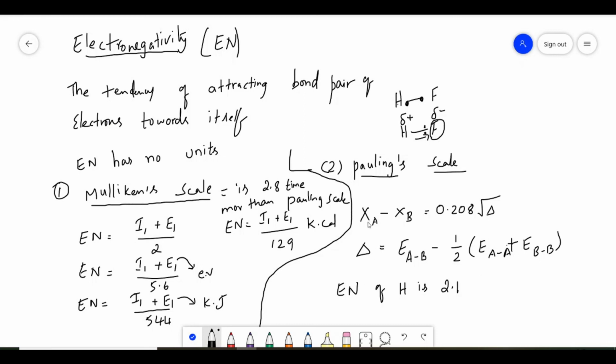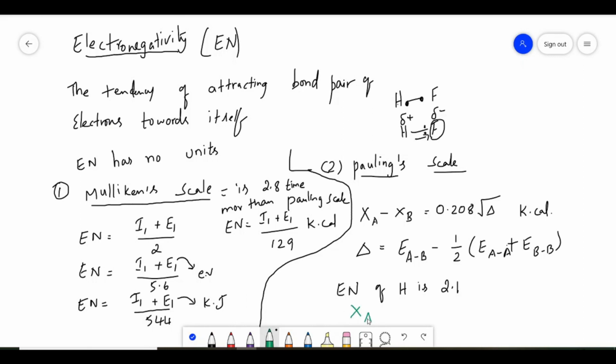And next, this formula is taken when bond energies are given in kilocalories. Suppose the bond energy is given in kilojoules, the formula will change.